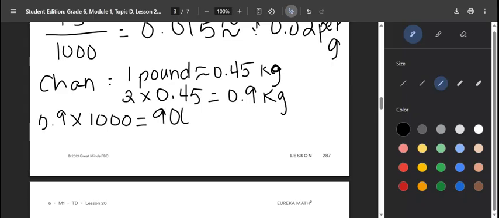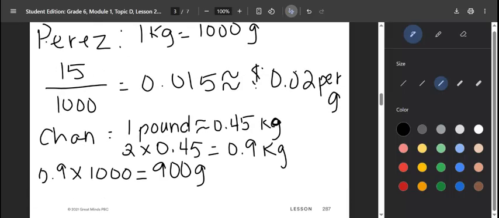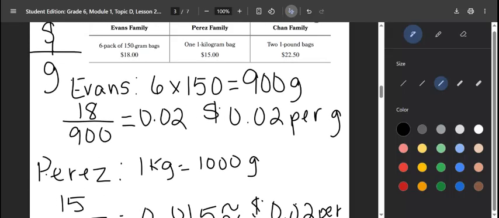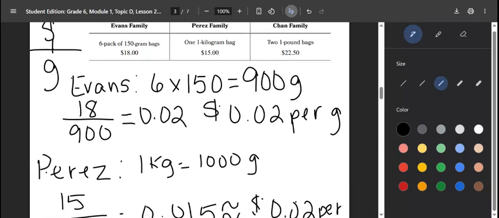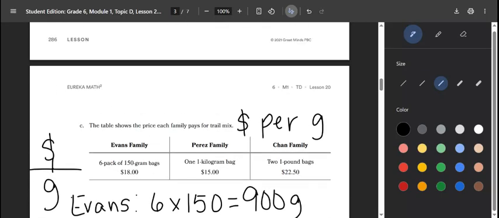So that's 900 grams. Seems to me like somebody else bought 900. Oh yeah, look, the Evans bought 900 grams worth of trail mix.